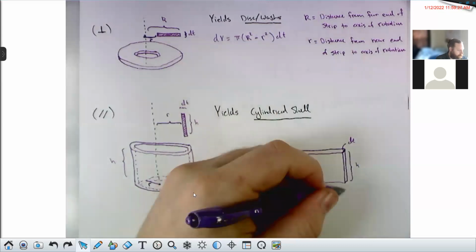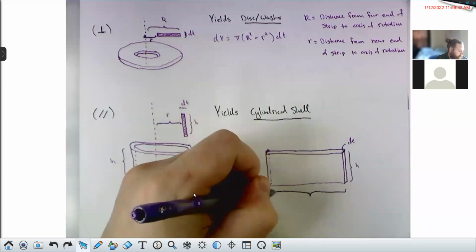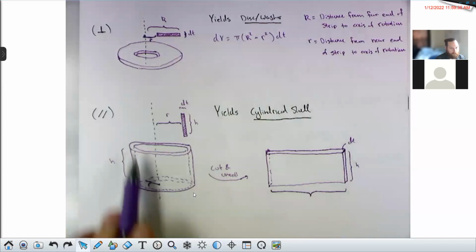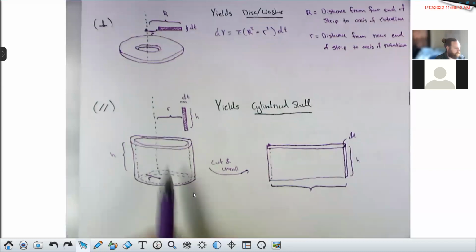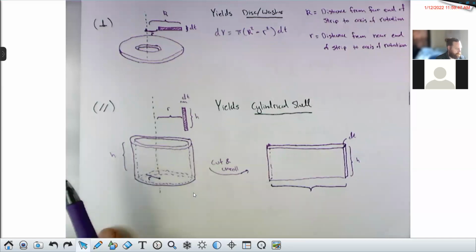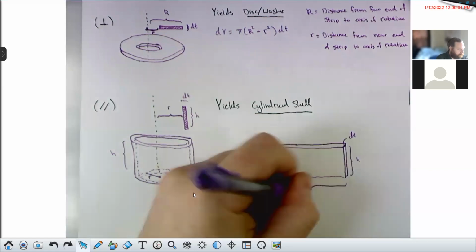The question is, what is this dimension? So if I were to cut and unroll this shell into a long rectangular prism, what dimension of this object here is the length of this object here? Anybody help me with that? Yeah, very good. 2 pi times the radius. I'm using a lowercase r here, but it's the circumference.